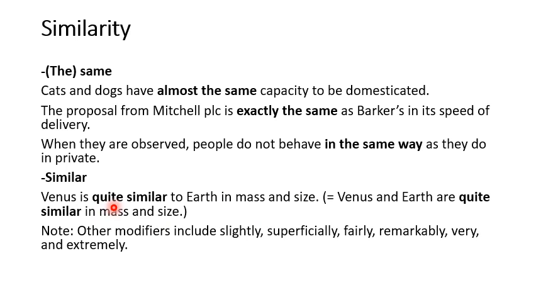So Venus and Earth are quite similar in mass and size. Two ways to say the same meaning. Venus is quite similar to Earth in mass and size. And again, we use "quite" as a modifier for "similar".